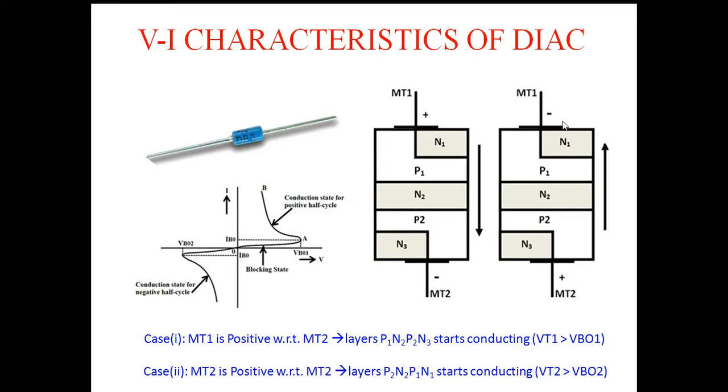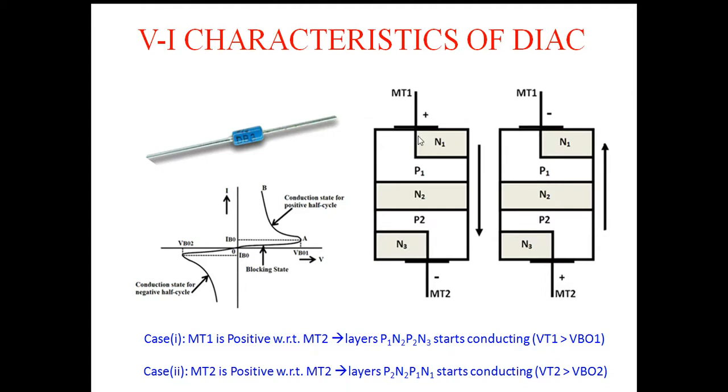In case 2, MT2 is more positive with respect to MT1. In case 1, whenever the supply voltage exceeds the breakover voltage, the conduction takes place through the device from P1, N1, P2, N3.